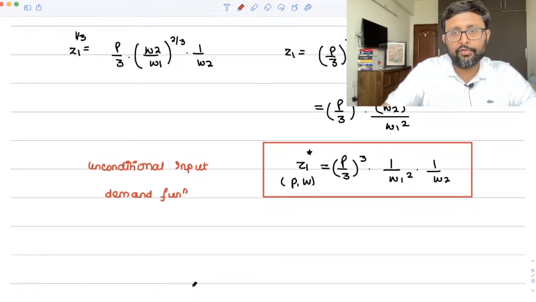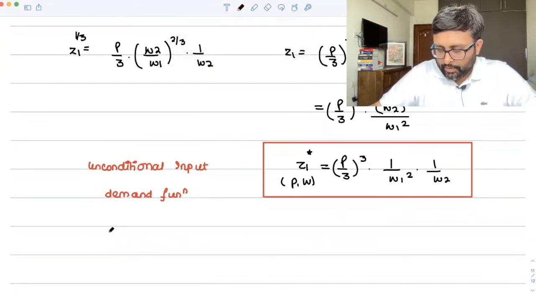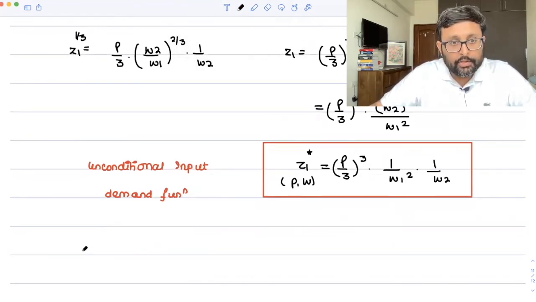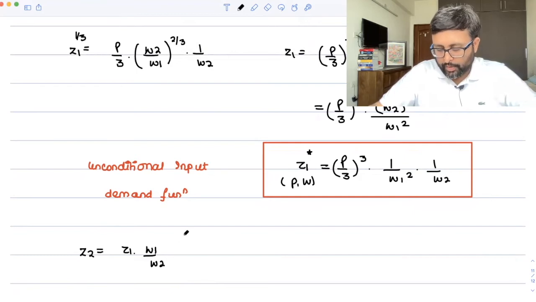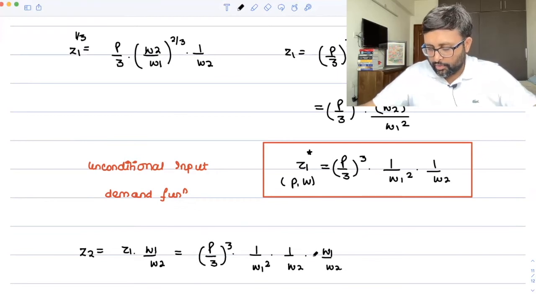Okay. Now I can get the value for Z2 star as well. So Z2 is Z1 W1 by W2, right? So you have already got this P by 3 cube, 1 upon W1 square, W2 into W1 by W2.